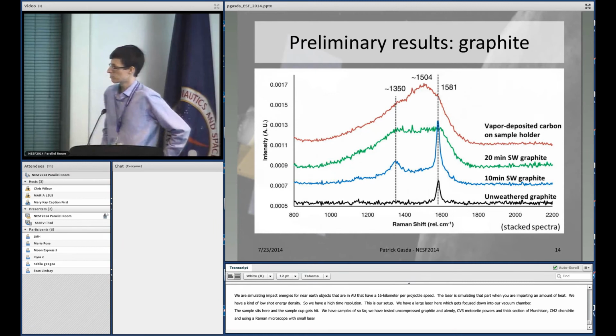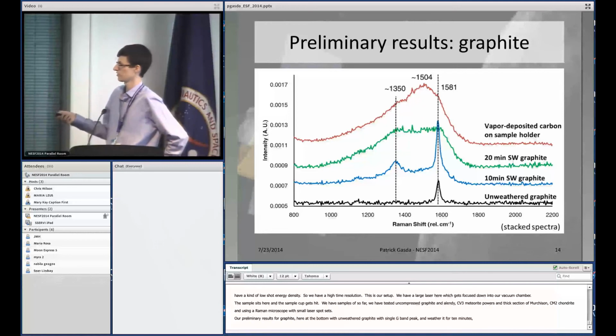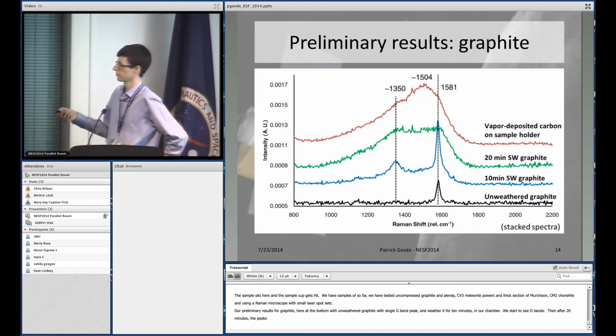Okay, so our preliminary results for graphite: start here at the bottom with an unweathered graphite with a single G-band peak. Then you weather it for 10 minutes in our chamber, and we start to see a D-band. After 20 minutes, the peaks are almost indistinguishable.